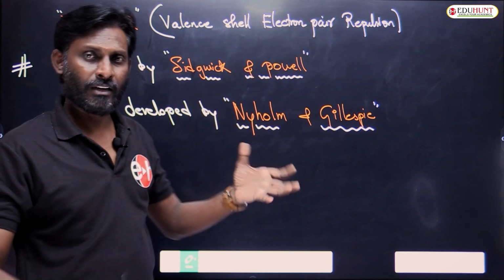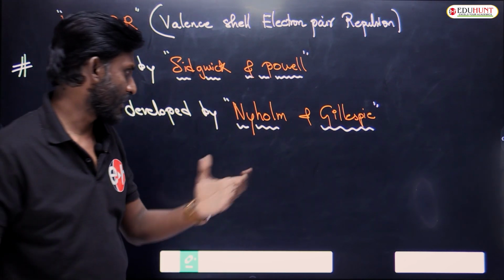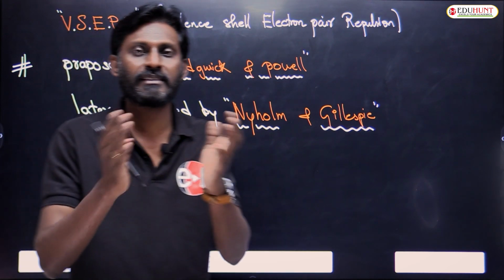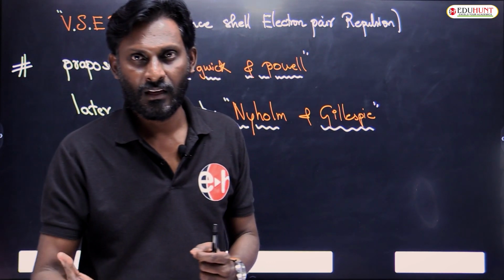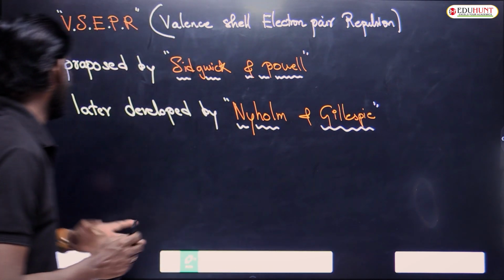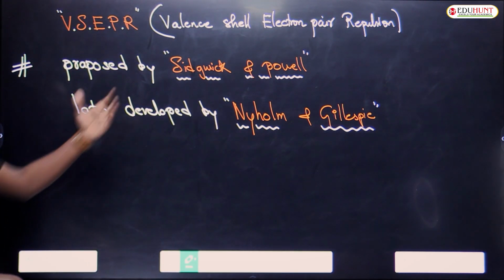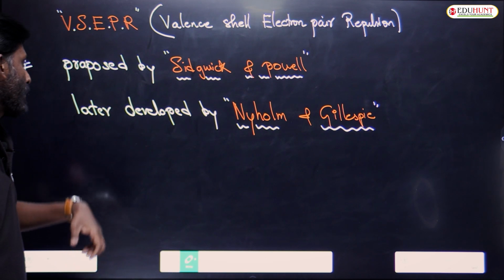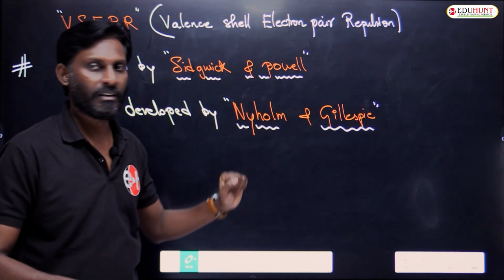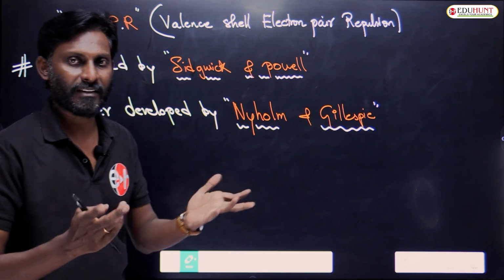Around 1957, these two scientists developed the same theory to apply the concept to every molecule and every ion. So we are going to first discuss what Sidgwick and Powell proposed, and what points were added by Nyholm and Gillespie to make the theory better. Okay?